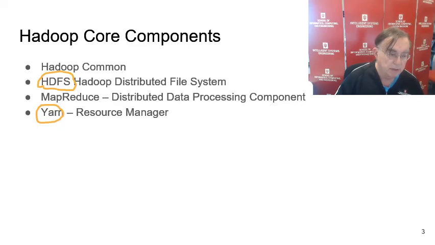Hadoop 1 integrated Yarn and MapReduce together, but now they've correctly separated it so that you can actually build Hadoop with Mesos or Kubernetes, and you're not forced to use Yarn. And then MapReduce actually has the programming model. Yarn schedules the tasks, HDFS describes the backend disk system, and the MapReduce component does the programming for you.